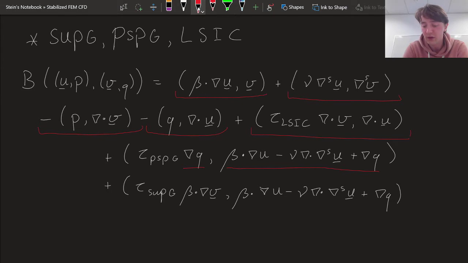In the previous video where we focused on the Stokes equation, that one wasn't there, but in the complete Oseen equation, we have to take the complete residual of the momentum equations, which means that we also have this term right here. And then lastly, we have the SUPG stabilization, which was the advective operator acting on the test functions, also multiplied by the residual of the momentum equations.